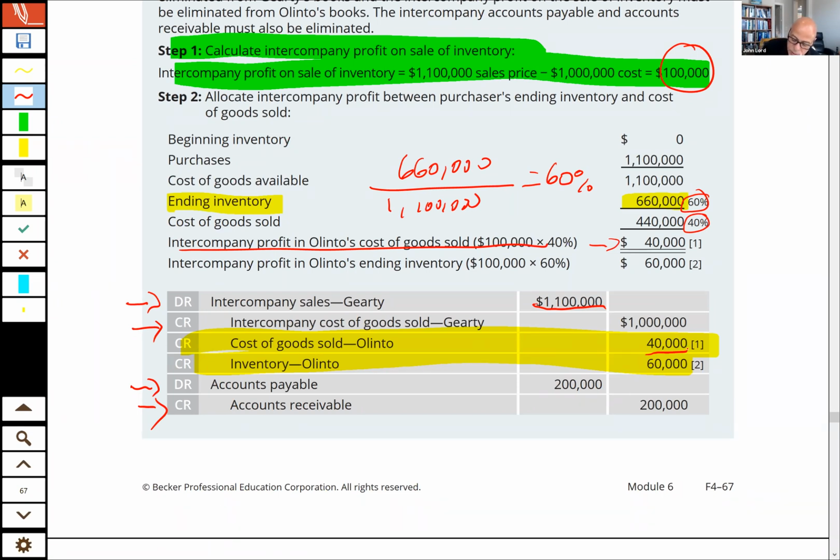And since 60% of it is still sitting in the inventory, we eliminate 60% of that intercompany profit from the inventory. Now we've eliminated the entire sale, the cost, and the $100,000 profit, some of which was sitting in Olinto's inventory and some in Olinto's cost of goods sold. Question?